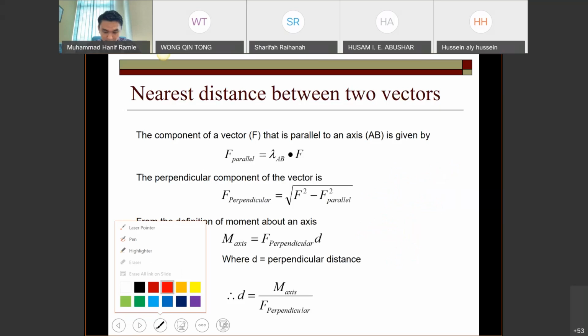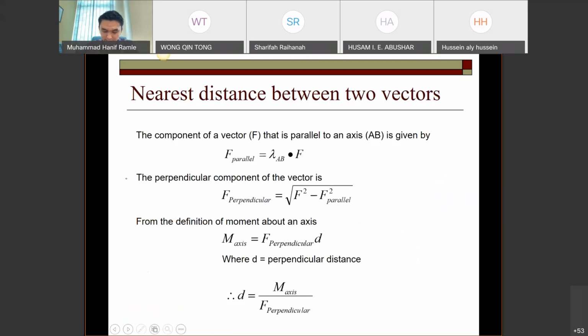We also have one force. So we can find the nearest distance from the force to the axis. The axis should be a vector, and the force should be a vector as well.